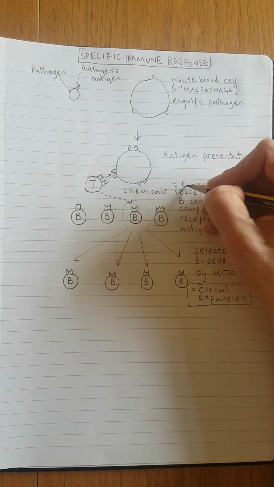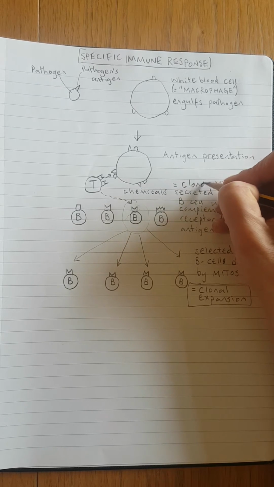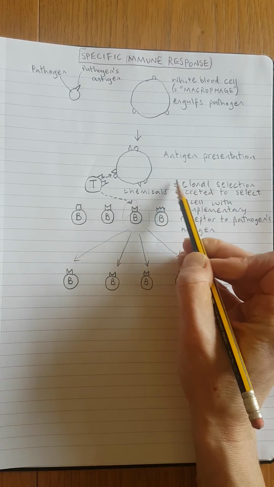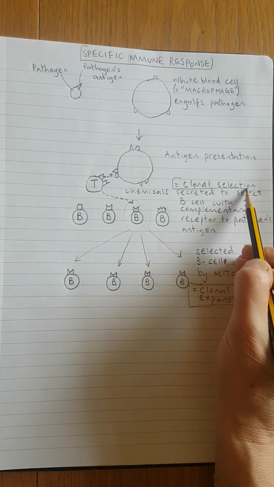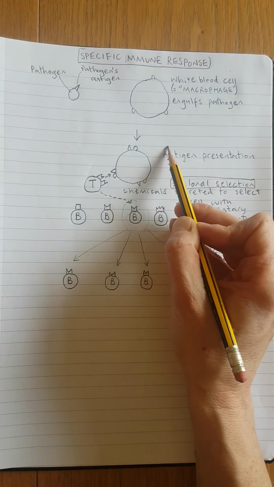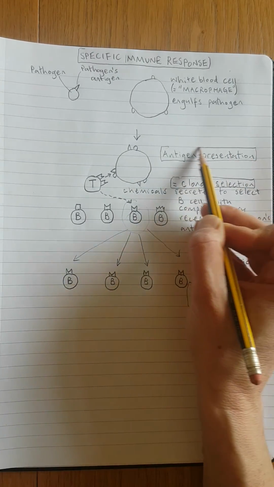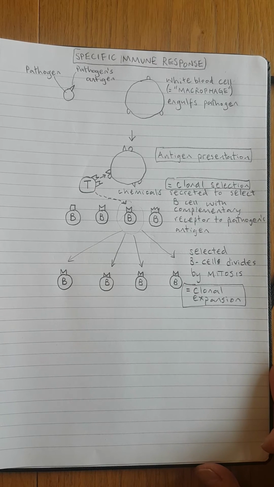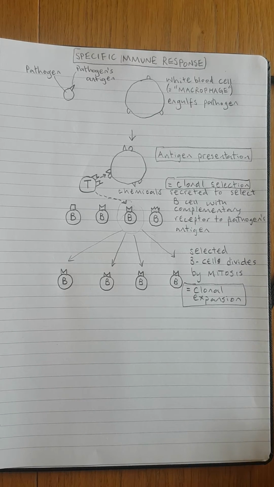So let's just put that in. Put that in a little box as well so we can see. And we'll put the antigen presentation. So far we've got 3 stages, but we haven't yet got any antibodies.